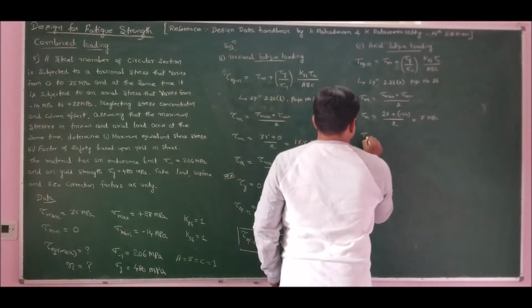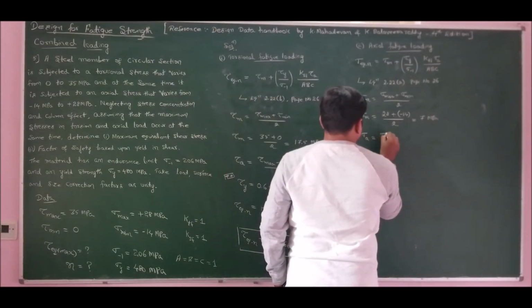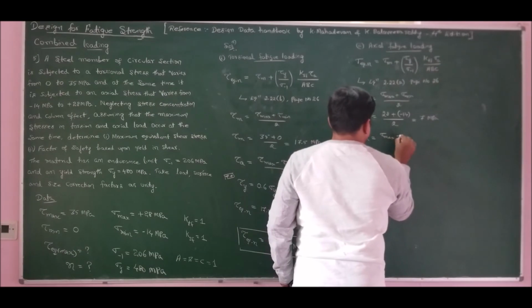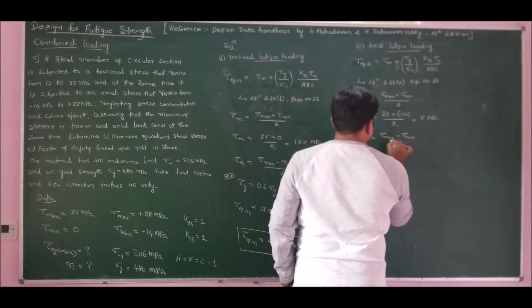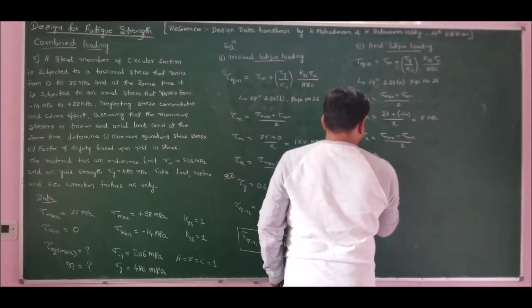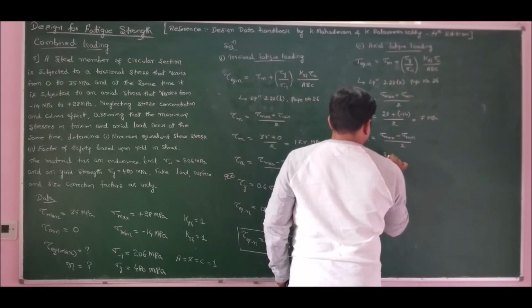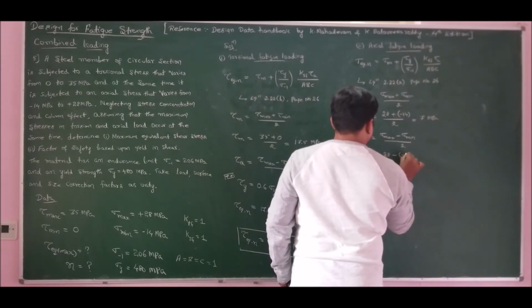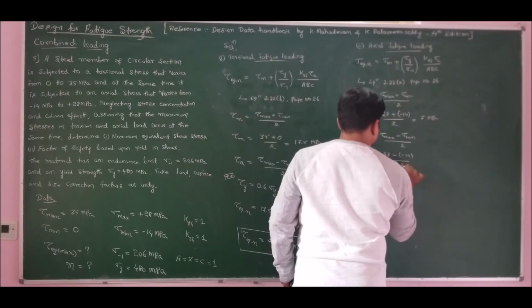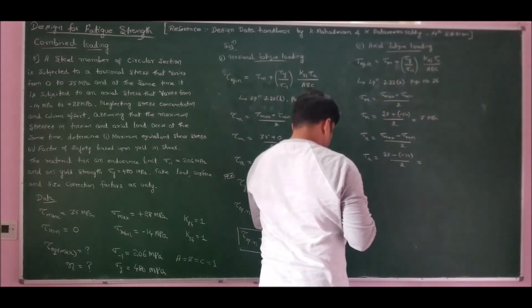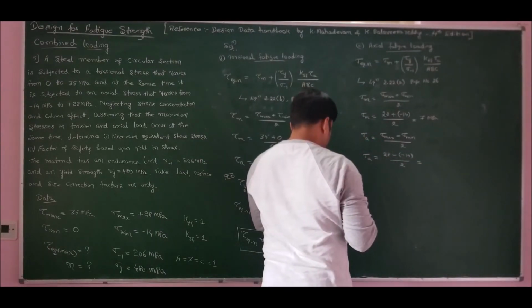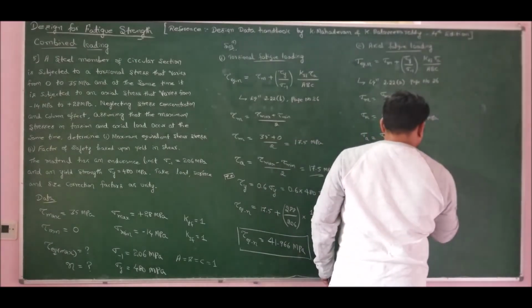Similarly, sigma amplitude is sigma max minus sigma minimum by 2, which is 28 minus of minus 14 by 2, which will be 28 plus 14 by 2, 21 megapascals.